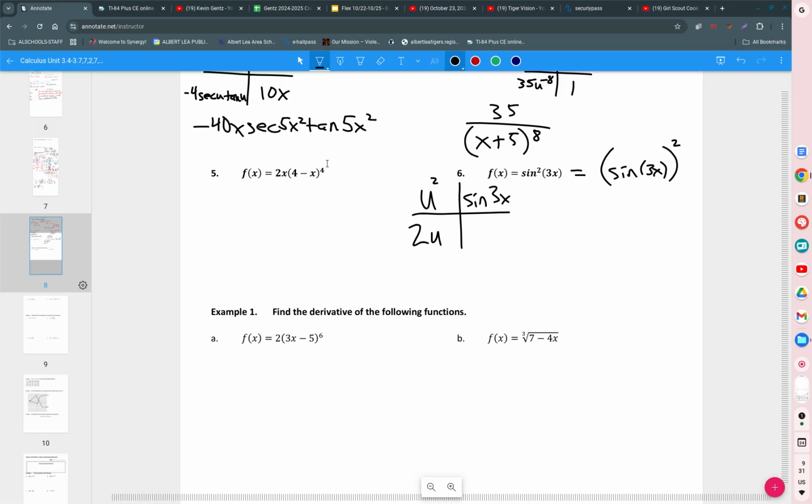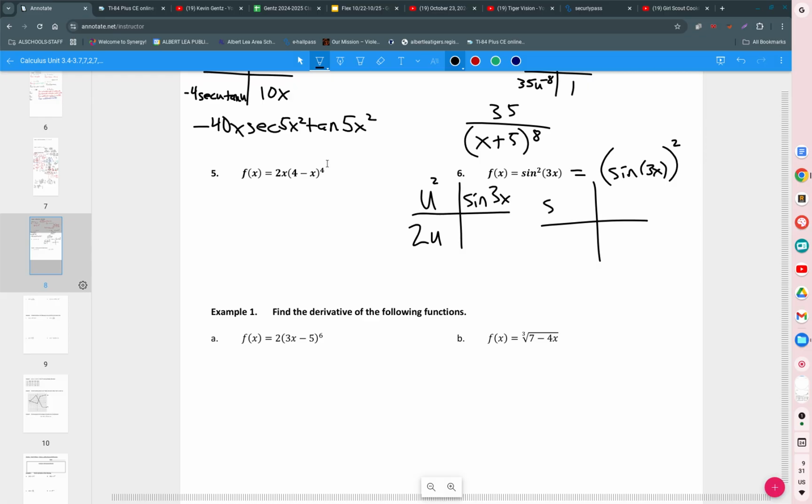2u. Now, because Rosa likes the boxes, we're going to set up the boxes, but I'm going to show you what happens if we wouldn't set up the boxes. I need the derivative of sine of 3x. That also requires the chain rule. It's not sine times 3x, it's sine of 3x. So I'm going to find the derivative of that using the chain rule.